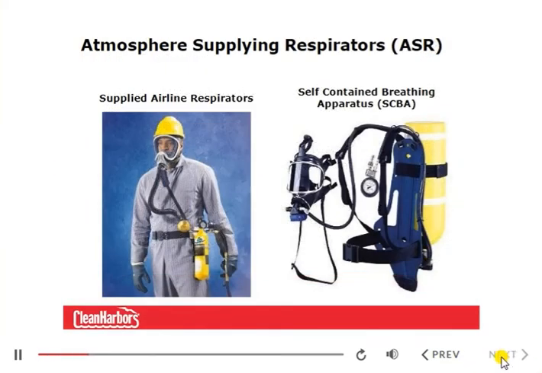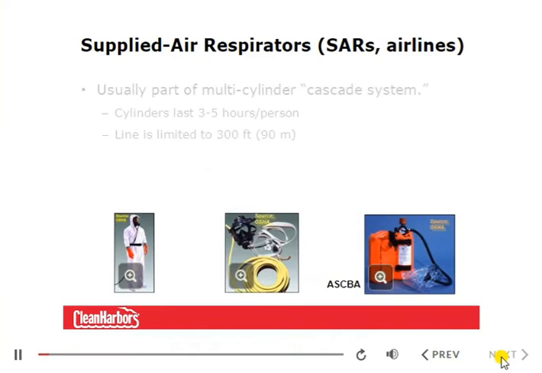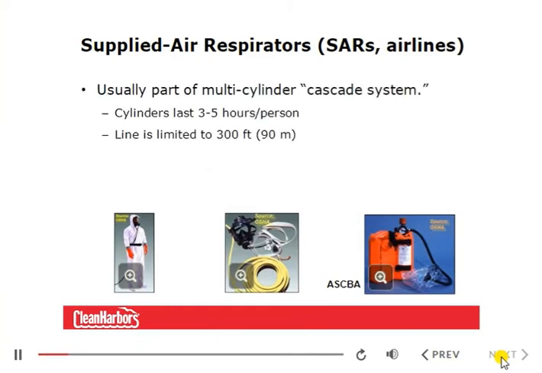The other respirator type is an atmosphere supplying respirator, or ASR. This model includes supplied airline respirators and self-contained breathing apparatus, also known as SCBA. Supplied airline respirators, or SARs, are usually part of a multi-cylinder cascade system.